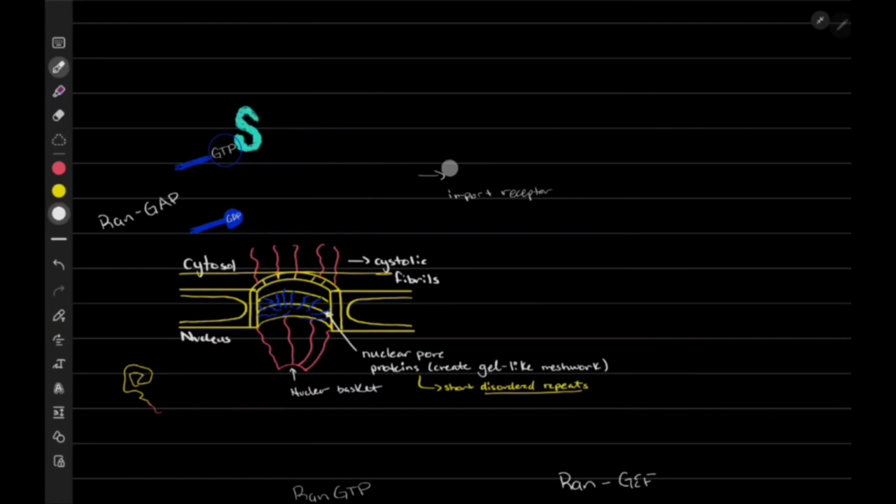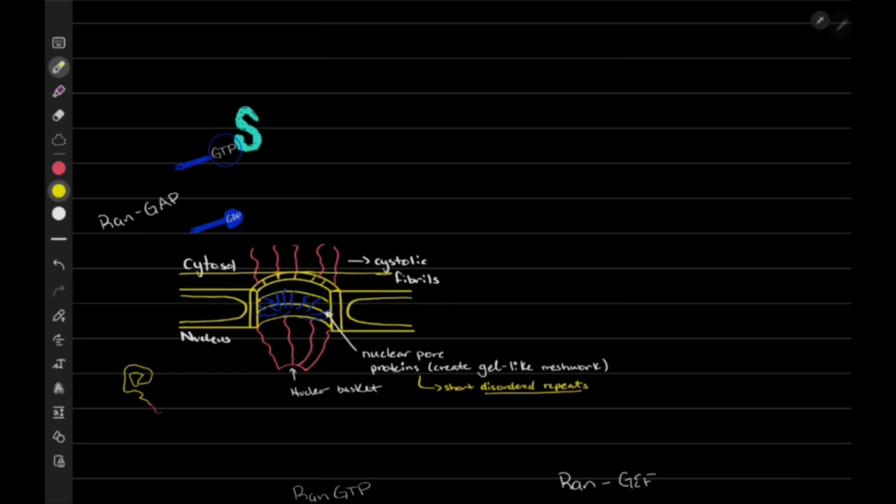Now that it's outside, we need our import receptor protein to be able to go out into the cytosol, find more proteins, and bring them back inside the nucleus. For that to happen, RAN-GTP needs to come off the import receptor, because right now the import receptor is not able to bind to any other proteins because RAN-GTP is bound.